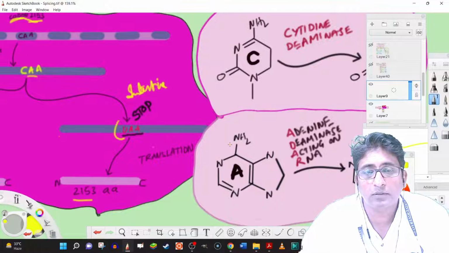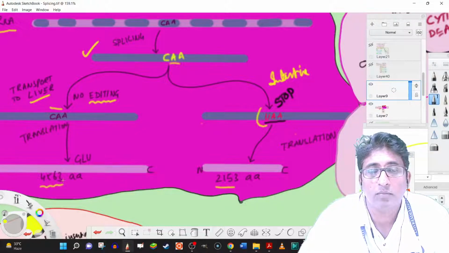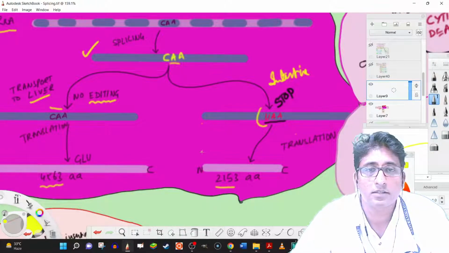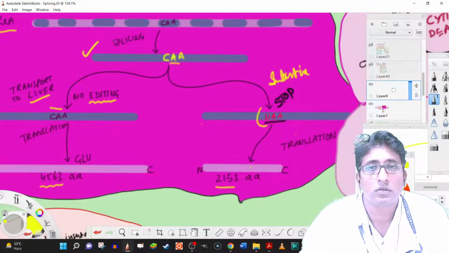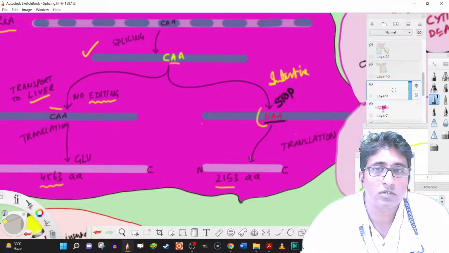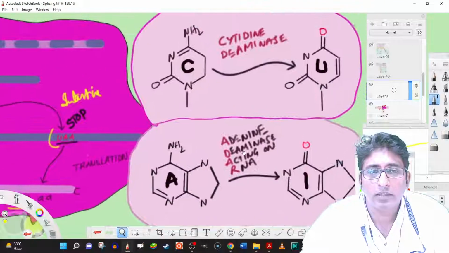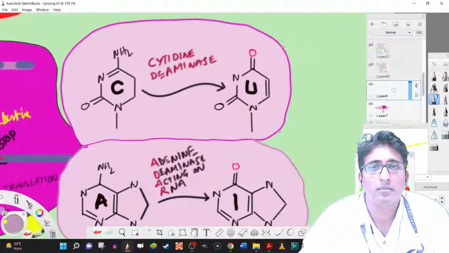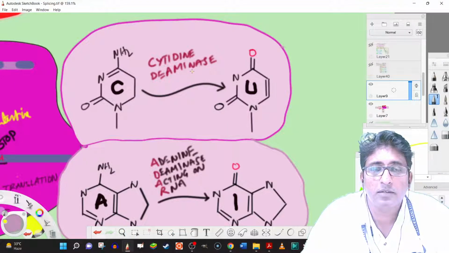If we compare with and without editing, it would have been about 4,500 amino acid residues, whereas after editing it will produce only around 2,000 amino acid residues. So how did cytosine become uracil? There is an enzyme called cytidine deaminase.